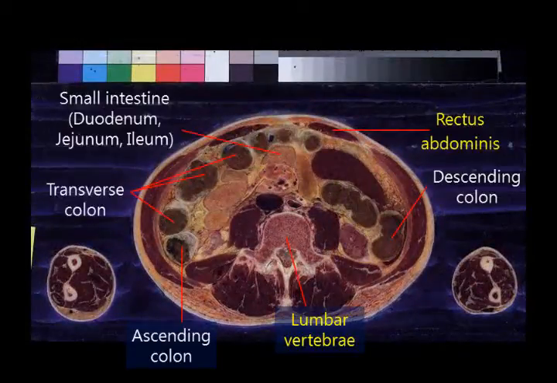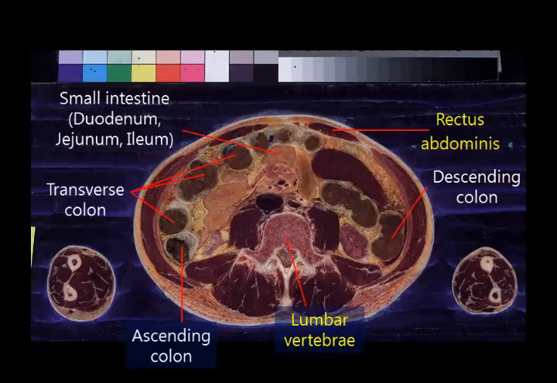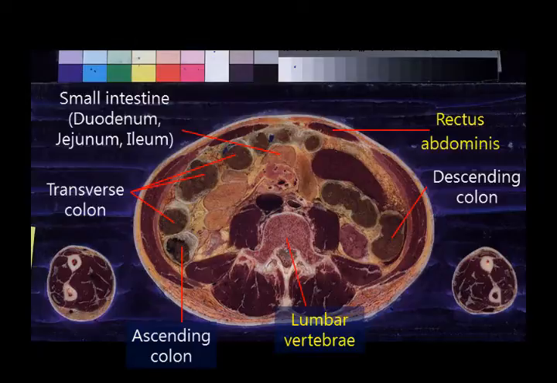Food passed through the duodenum, jejunum, and ileum, and these in total are called the small intestine. You can see that the diameter of the large intestine is bigger than that of the small intestine. The digestion and absorption of foods and nutrients are done in the small intestine.